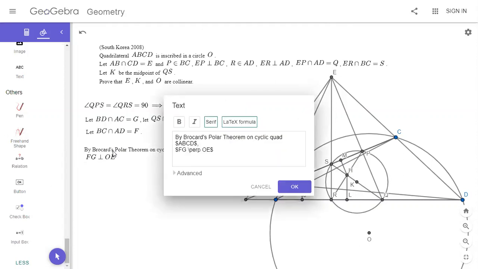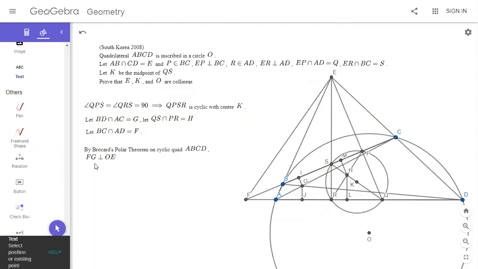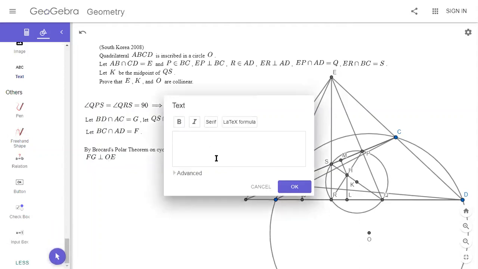And then if we do it again, but on PQRS, then we have EK is perpendicular, or FK is perpendicular to KE. Right?